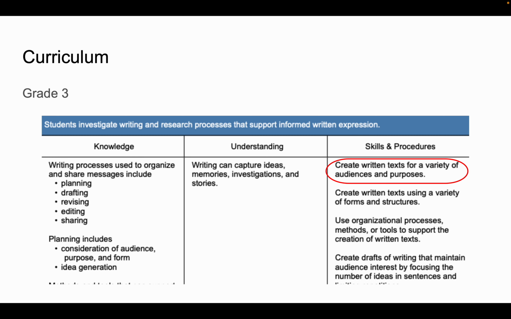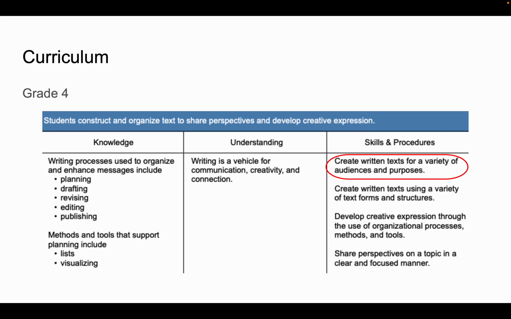So if you look at the grade 3 curriculum, this is their LA curriculum, there is a skill and procedure in there that says create written text for a variety of audiences and purposes. And then when you jump ahead to grade 4, they have a skill and procedure that says create written text for a variety of audiences and purposes.